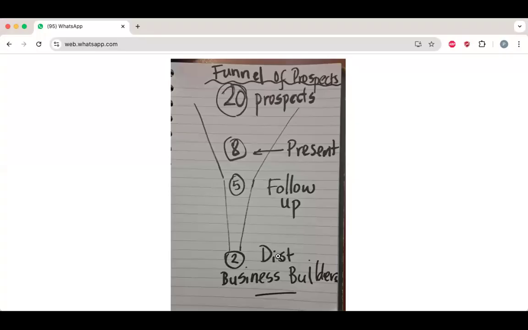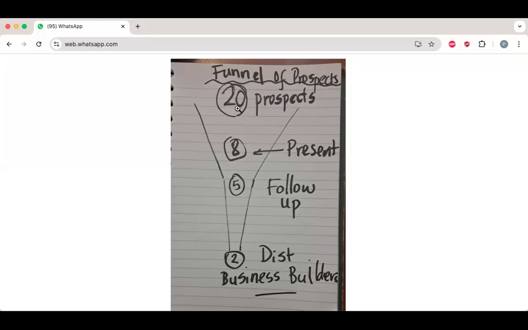So this business is not for everybody. Everybody can do this business, but this business is not for everybody. So don't be disappointed when people say no. Don't be offended. It is part of the process. This funnel of prospects is just an idea to let you know what will happen when you're in the field.